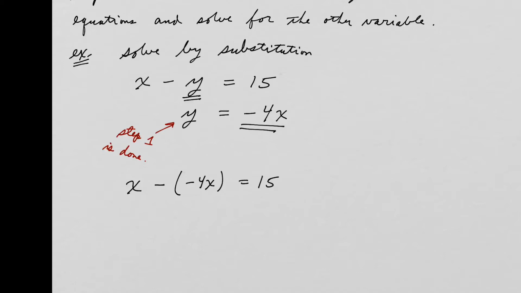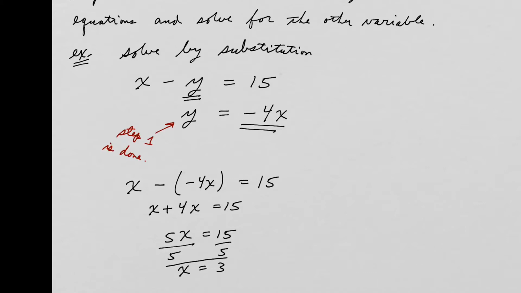That's where the substitution comes in. Now notice this equation is just in terms of x, so I can solve it for x. We can combine like terms. What's x minus a negative 4x? Well, that's the same as x plus 4x, which is equal to 5x, equal to 15. And if I divide by 5, I get x is equal to 3.